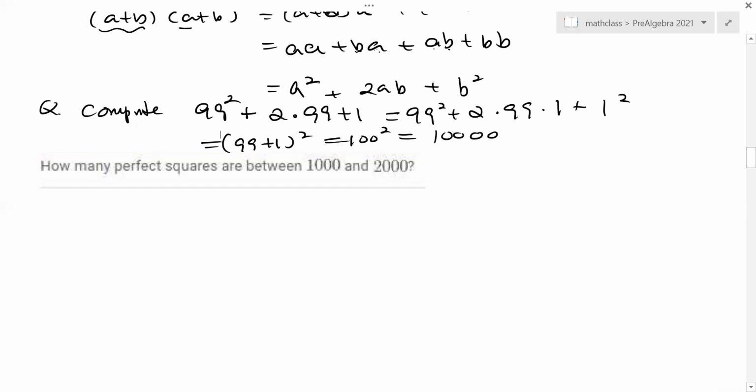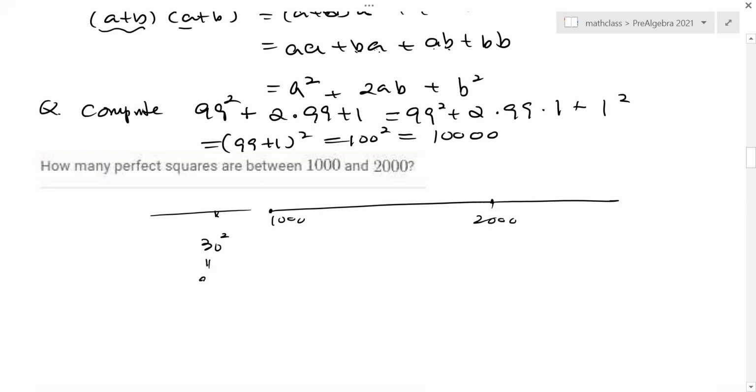I know 30 squared is 900. 900 is very close to 1,000, but still on the left side of 1,000. Here's 1,000, here's 2,000, on this straight line, and this will be 30 squared. 30 squared is 900, smaller than 1,000.